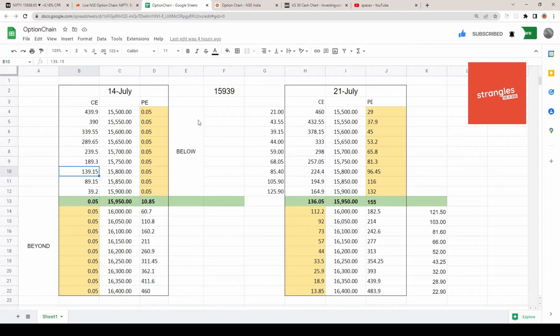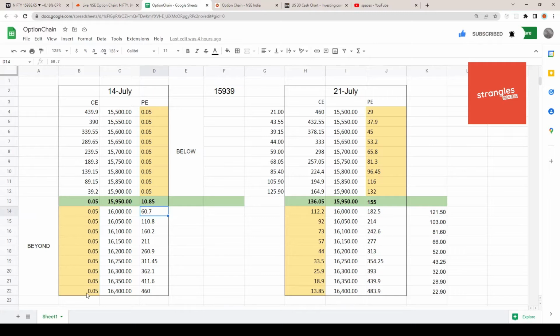If you subtract this particular strike from this one, you will get this 10 rupees. Similarly, 16,000 minus 15,940, you would get 60, right? So on and so forth. This is how all these options are going to have some intrinsic value associated with them.